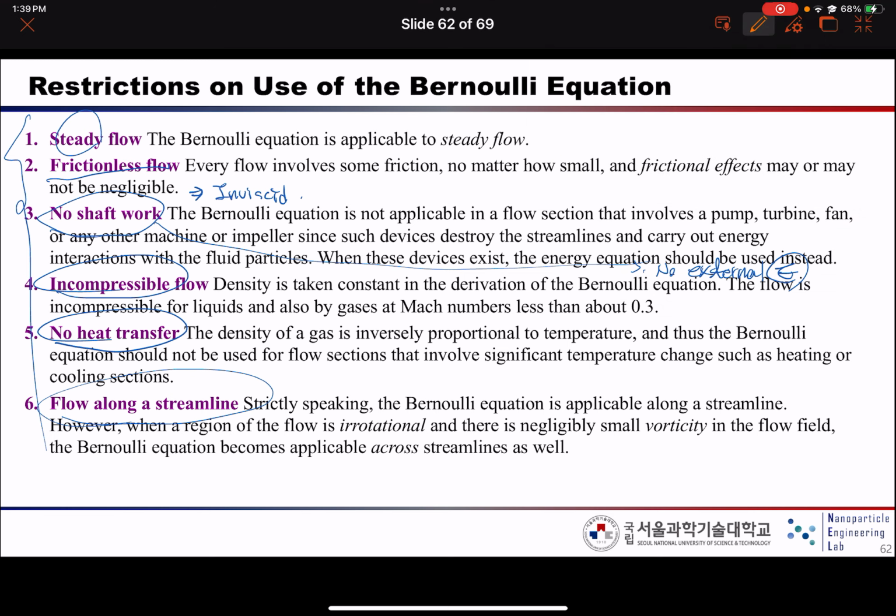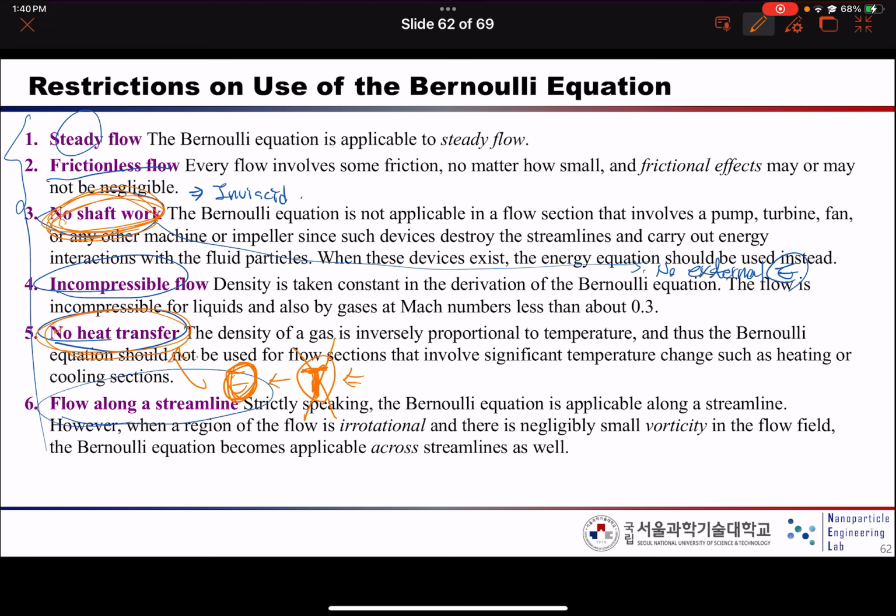So usually this one is the plus alpha concept, right? No heat transfer rate. Heat transfer rate is also very important because energy is also related to temperature, right? But in fluid dynamics, we do not consider the effect of temperature.